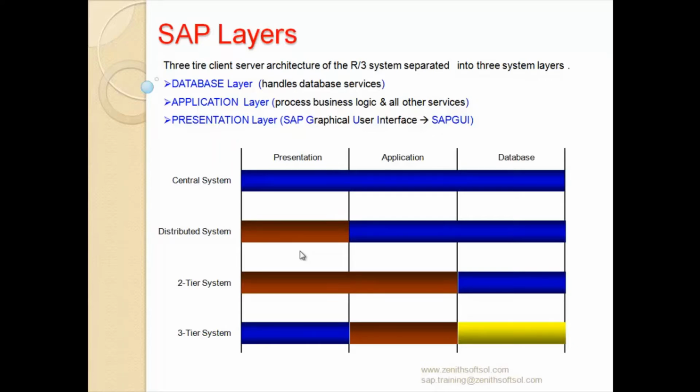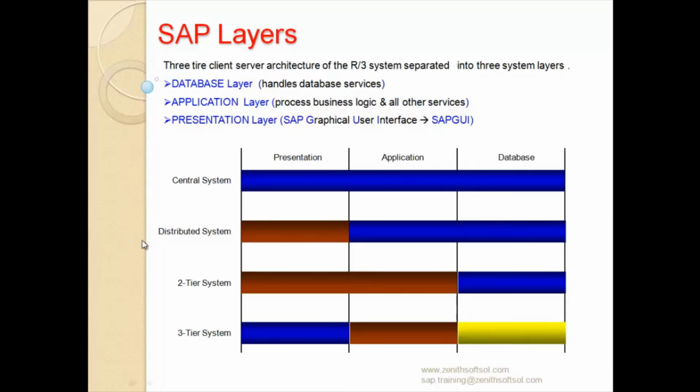What are the disadvantages of this? If anything happens in the application or in the database, the whole system will crash. So that's why the company doesn't recommend using a central system.